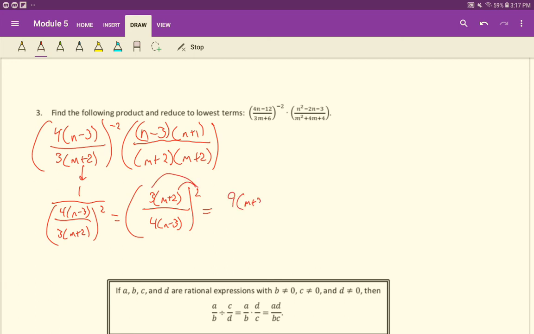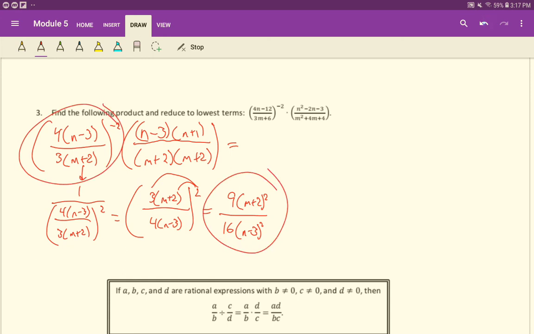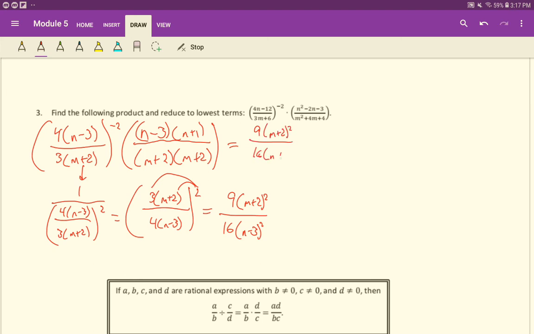I'm going to leave it as m plus 2 squared like this, over 4 squared, which is 16, and the n minus 3 squared. Okay, so finally I'm going to replace this with this in the problem here. So we'll have 9 times m plus 2 squared over 16 times n minus 3 squared.